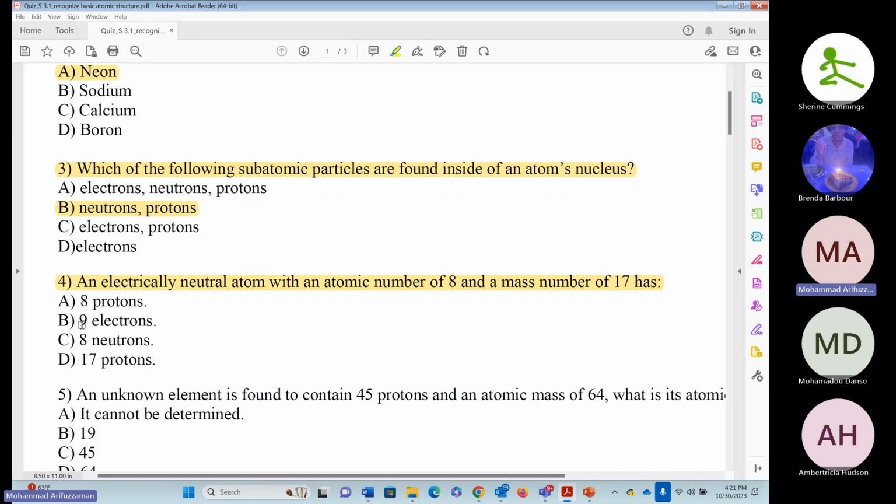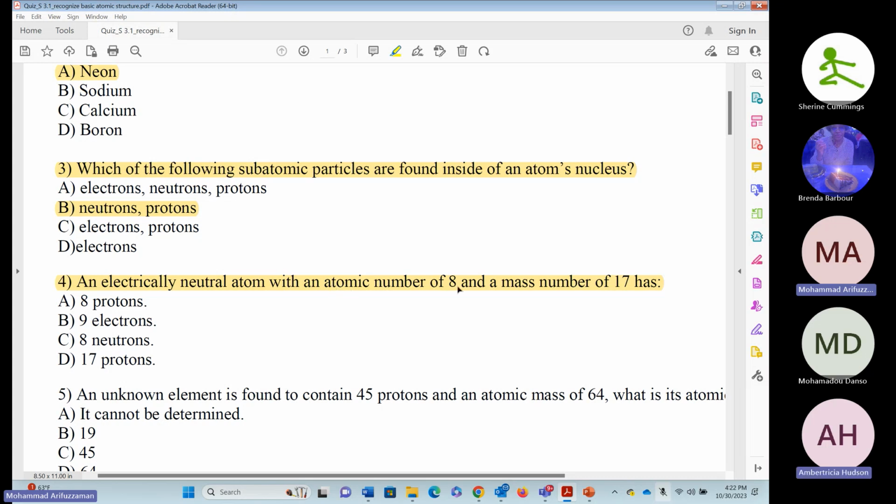It's not atomic. Electron is the negative charge. Mass number 17, atomic number 8. So which of the following is the correct answer? Oh, it's D.